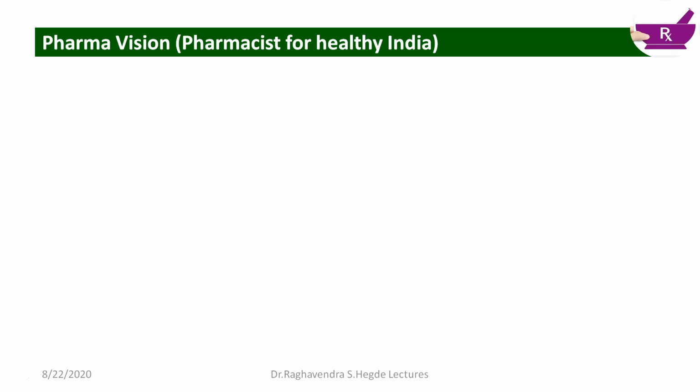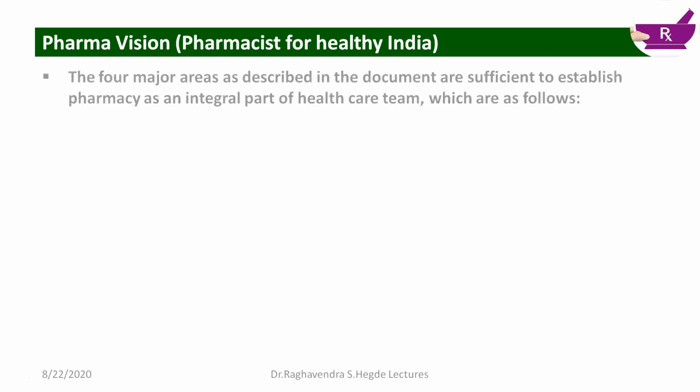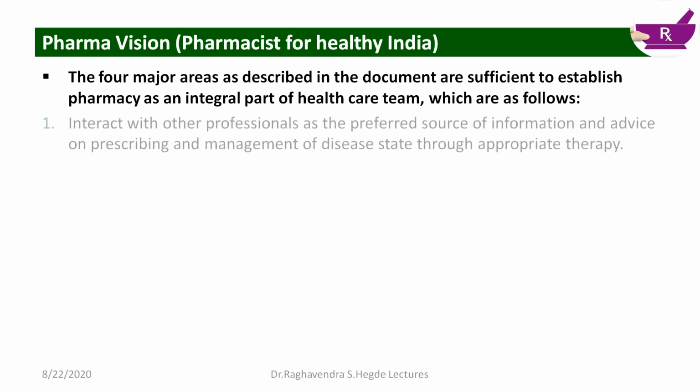Now we will try to understand the Pharma Vision, and the punching words given are Pharmacist for Healthy India. The four major areas as described in the document are sufficient to establish pharmacy as an integral part of the healthcare team, which are as follows.